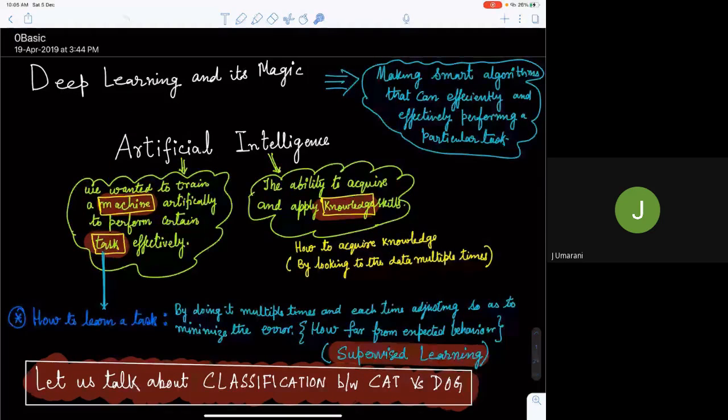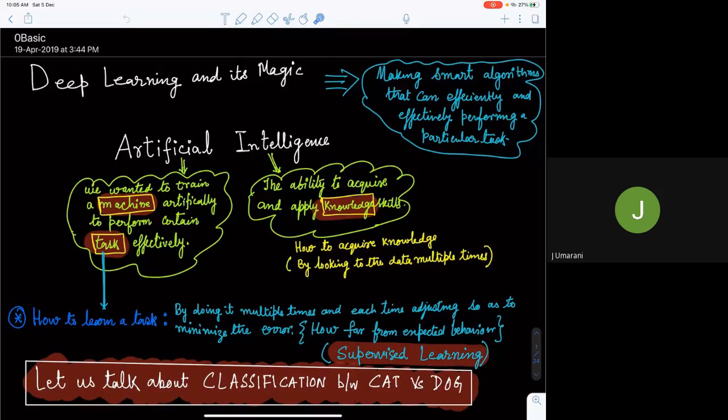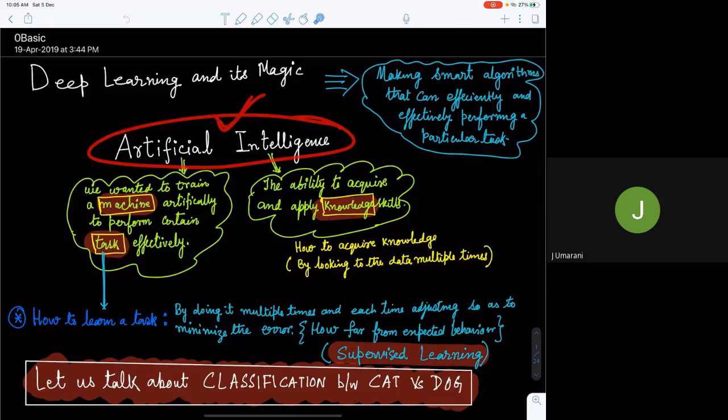And intelligence means that you keep on doing some work for a good amount of time, and then you understand how you can convert such an ability into the knowledge and skills that you have got, and how you can apply these knowledge skills to solve different types of problems. So artificial intelligence in a broad way can be seen in that way.